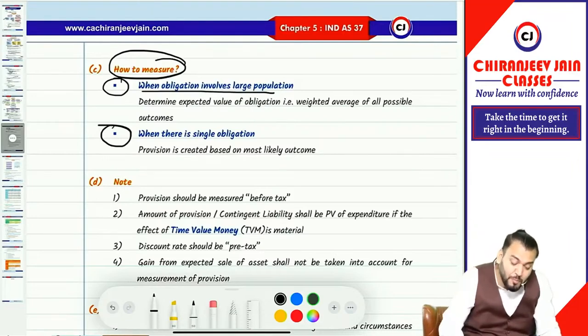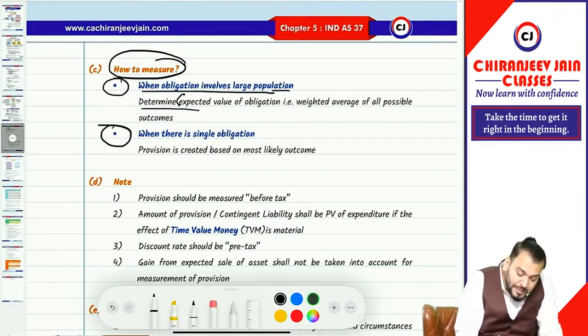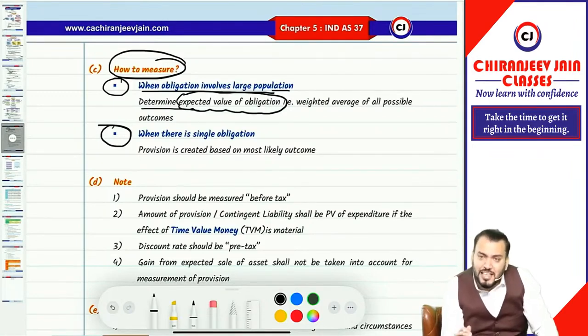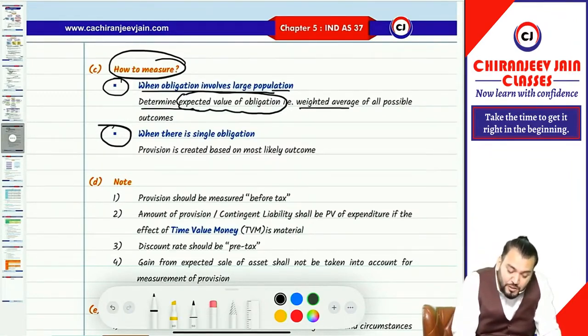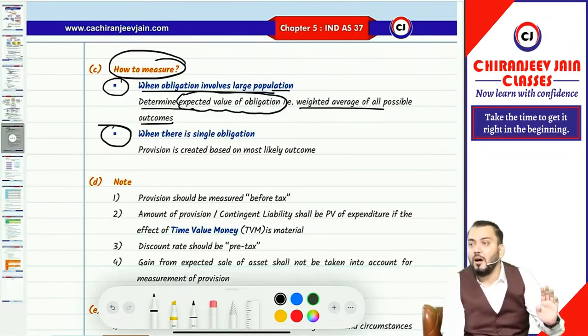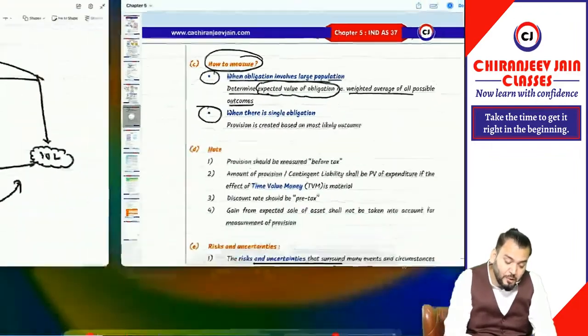So when the obligation involves a large population, Ind AS 37 says determine the expected value of the obligation. Expected value of obligation, this is the keyword. That is nothing but the weighted average of all possible outcomes. Now, what is this weighted average of all possible outcomes?